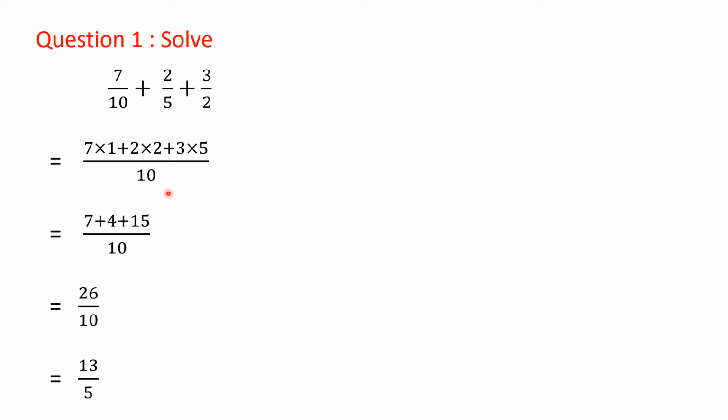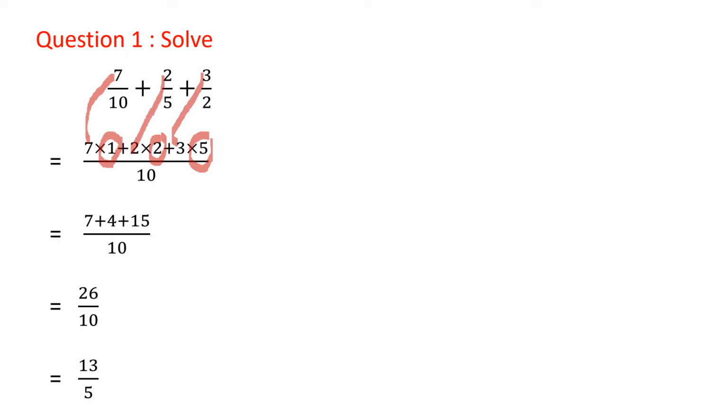Now the same process. How do you do it? 10 into how much is 10? 10 into 1 is 10. 5 into how much is 10? 5 into 2 is 10. Then 2 into how much is 10? 2 into 5 is 10. So you write all the numbers there. Then the numerators as it is, 7, 2, 3, and you multiply them, right?